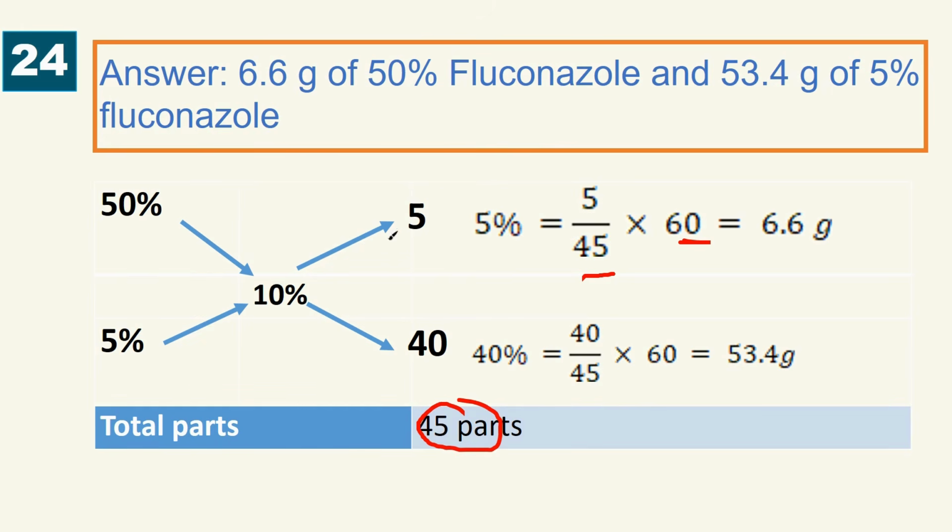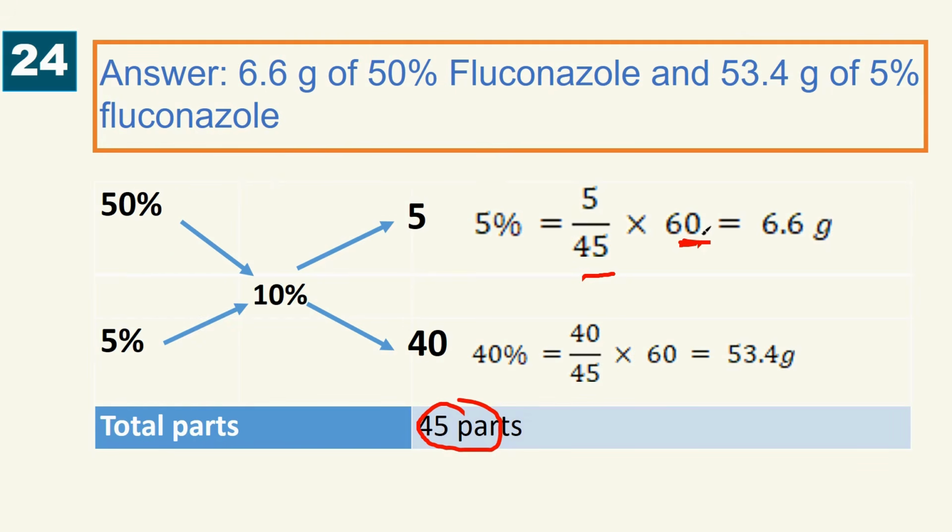So to prepare this, you take 5 divided by the total parts, 5 and 40, which is 45 parts, multiplied by 60 grams.